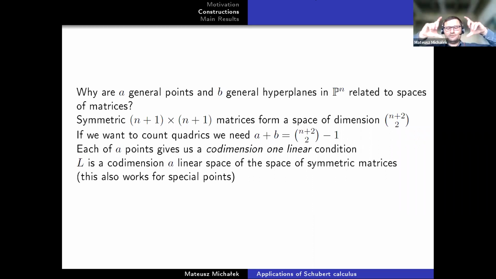If you take a symmetric matrix with indeterminate entries and multiply it from right and left by a given vector, you get a linear equation in the entries of the matrix. So degree 2 polynomials that pass through a given point form a linear space of symmetric matrices. And I claim that these a points give exactly the linear space of symmetric matrices that should be the correct input to our problem.